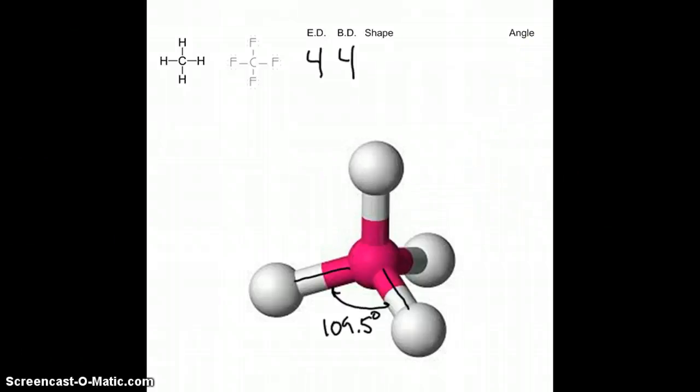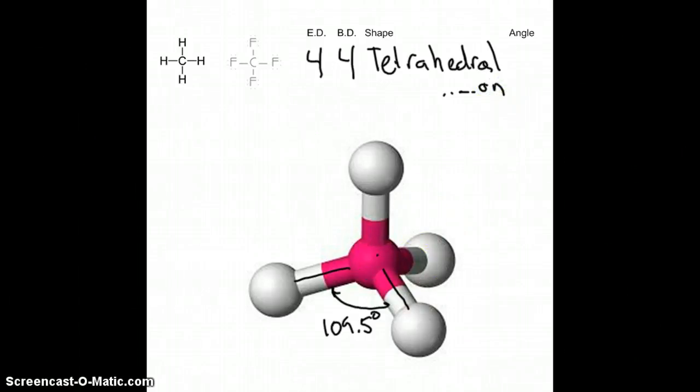So we're going to give this shape a particular name. The name of this is called a tetrahedron. It's either called tetrahedral or tetrahedron, spelled O-N.